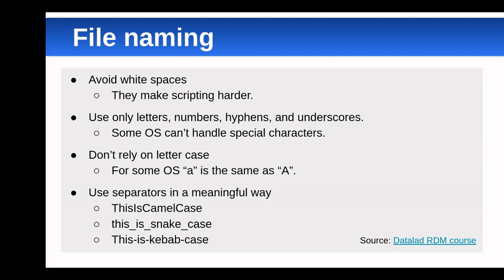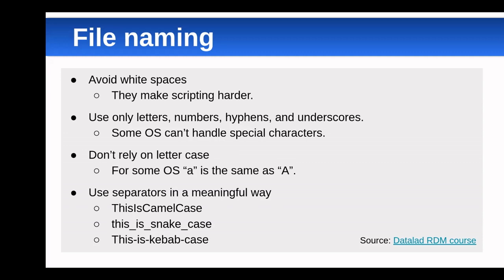The next rule is don't rely on the letter case, uppercase or lowercase, to distinguish between two files, because some operating systems don't make a difference between, for example, an uppercase A or a lowercase a. I think if I remember, Mac OS, or some older version of Mac OS, I think they've changed more recently, doesn't make a distinction between those two things.